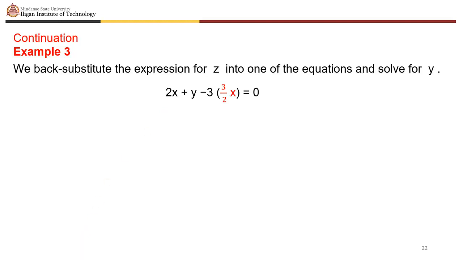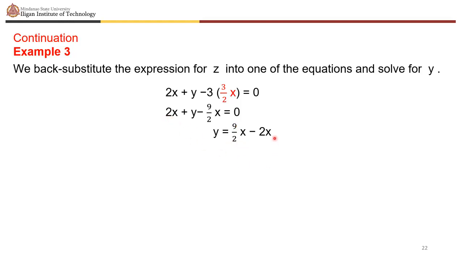Further solving will give us the following. 2x plus y minus, 3 times 3 is 9, then we have 2 here. So we have minus 9 over 2 x equal to 0.